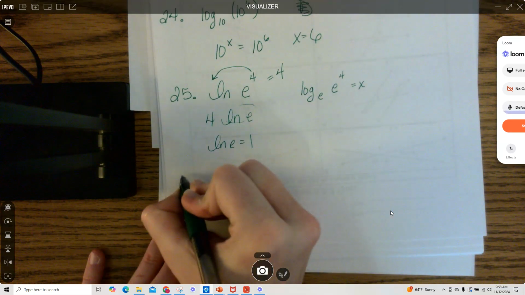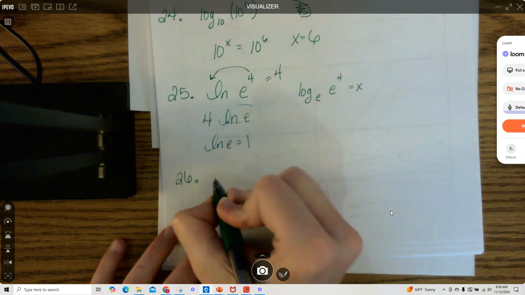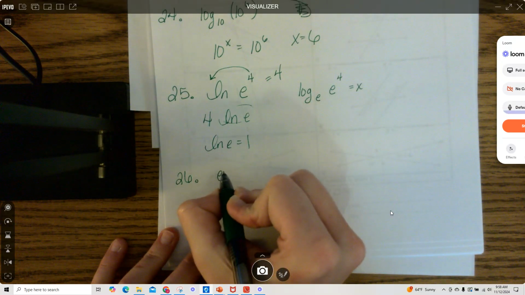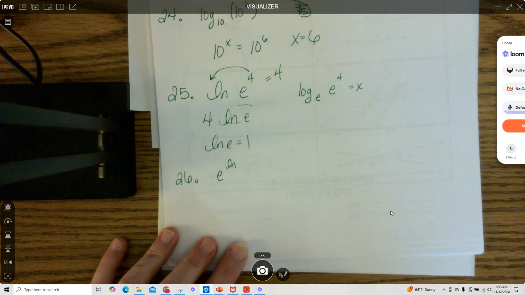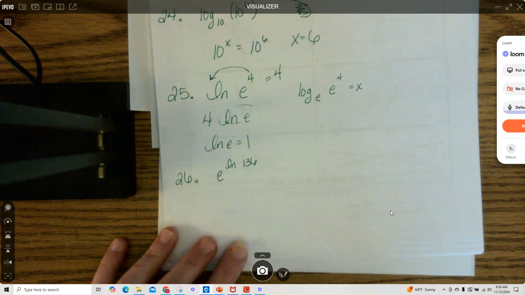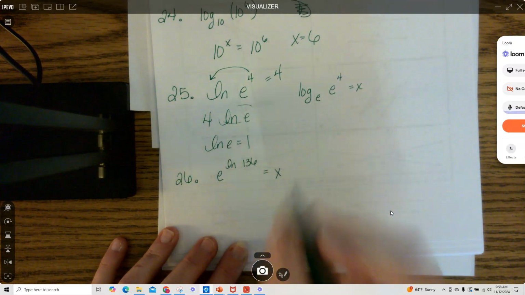All right, last one, 26. e to the power of x equals 136, like this? Yes. And we want to know what that equals.